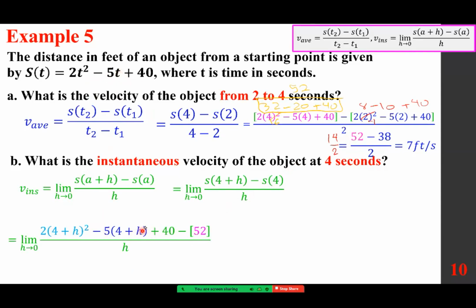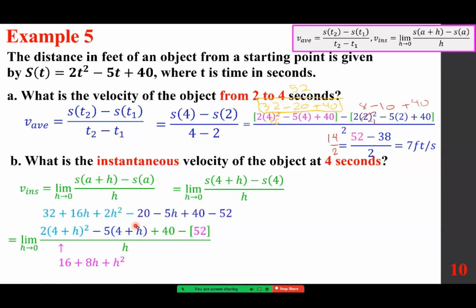To do so, again, a plus b squared. So this is 16 plus 2 times 4 times 8, h, 8h plus h squared. So I hope everybody knows this is equal to that. So I'm going to multiply by 2. I get 2 times 16, which is 32, plus 16h plus 2h squared minus 20 minus 5h.